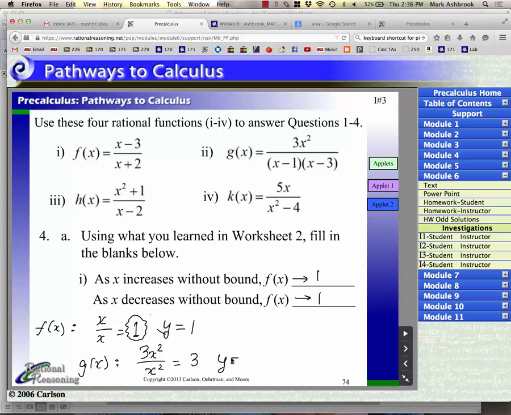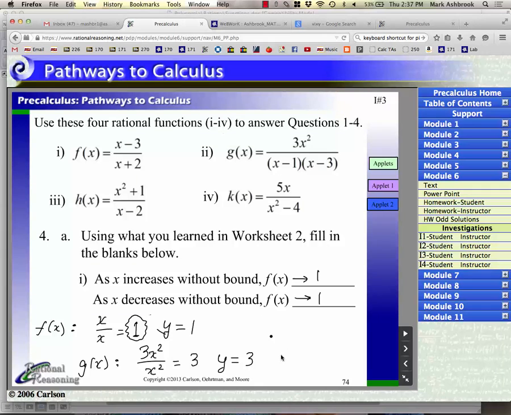So the effective leading term is 3. And so way out at the ends, this is going to behave like whatever y equals 3 behaves like. As x gets really, really large positive, it'll get close to 3, the horizontal line 3. As x gets really large negative, the graph is going to behave like 3.